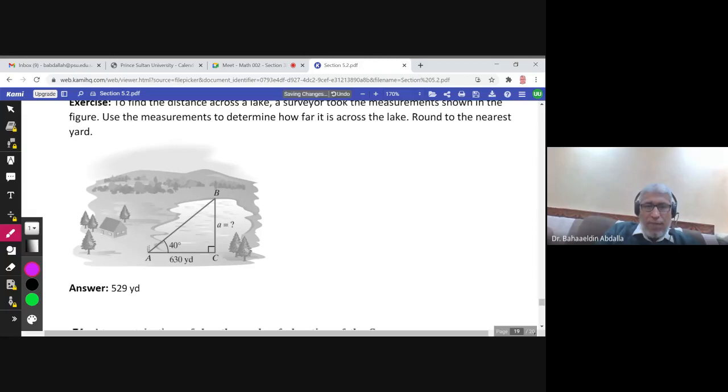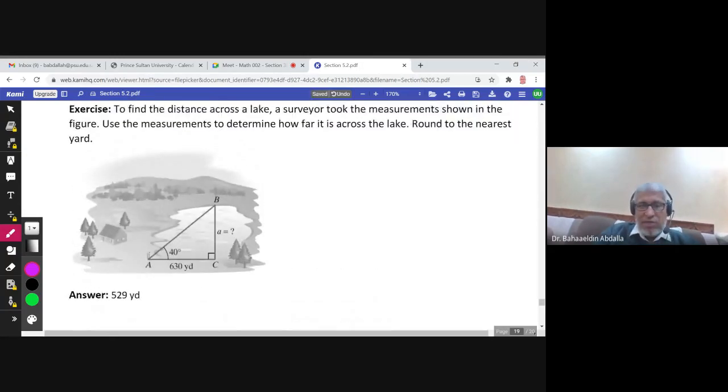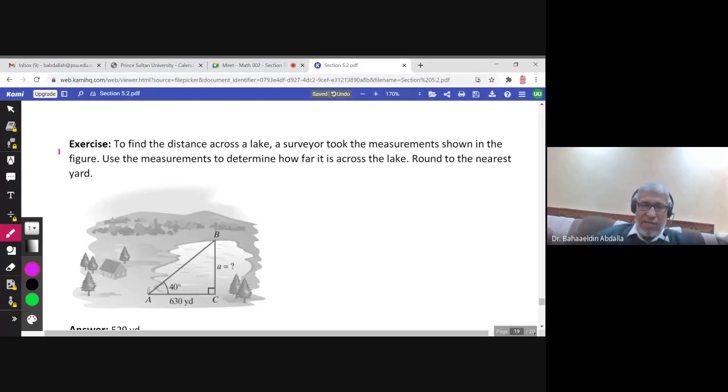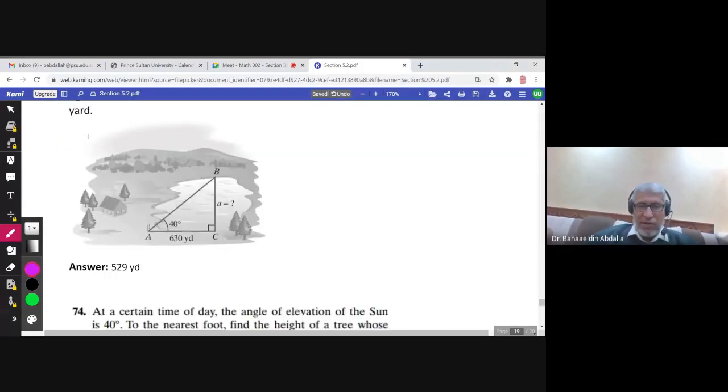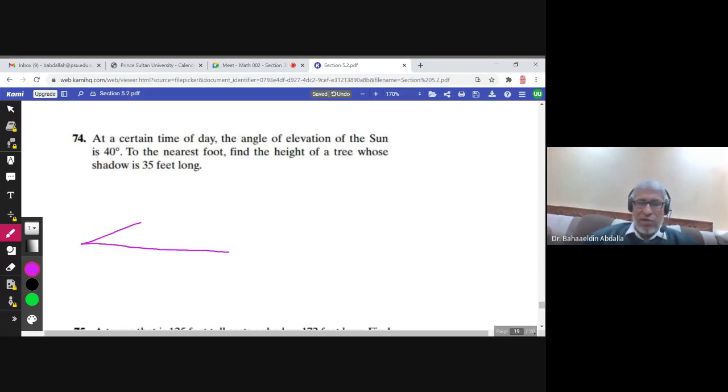Another question similar to that one. Please try to solve, and the answer is given here to you. At a certain time of a day, the angle of elevation of the sun is 40 degrees. So if this is the ground, somebody is looking up to the sun somewhere here, and the angle is 40 degrees.